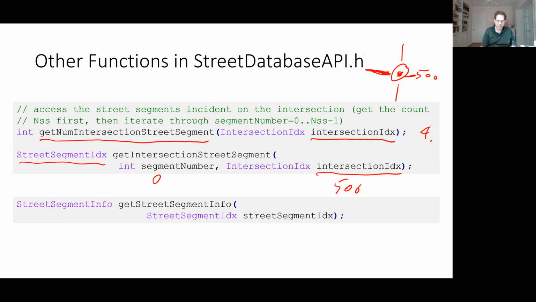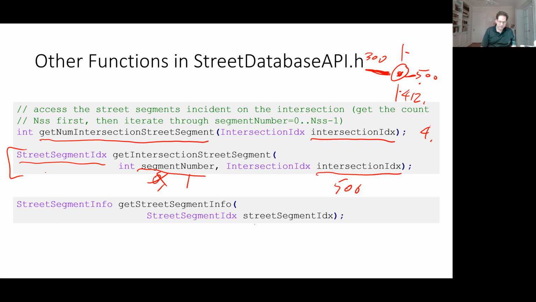And maybe that is an index of 300. And then we could also make another call to this, but ask for segment number 1. And maybe that turns out to be this street segment, and maybe that has an index of 412, and so on. So by calling this function 4 times with different segment number values, 0, 1, 2, 3, we can find what the IDs of all 4 of these street segments are.